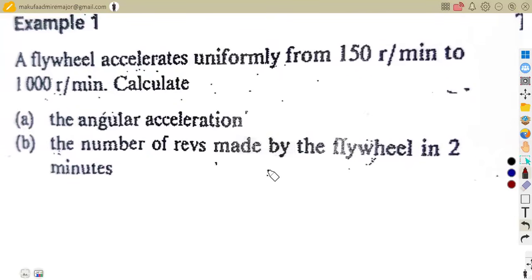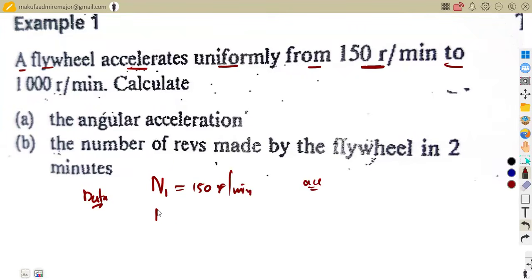We are given a flywheel that accelerates uniformly from a speed in revs per minute. This is our N1, starting at 150 revolutions per minute. Take note, it's an acceleration happening there to a speed of 1000 revs per minute.